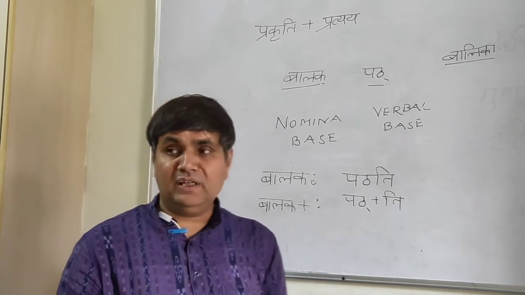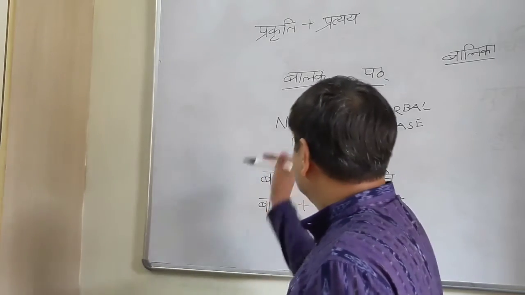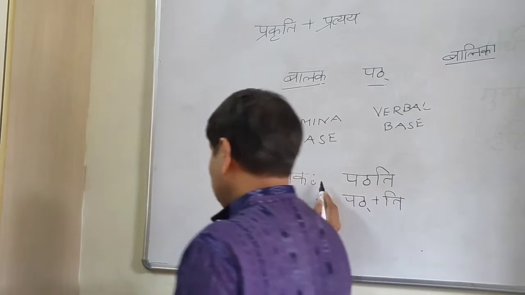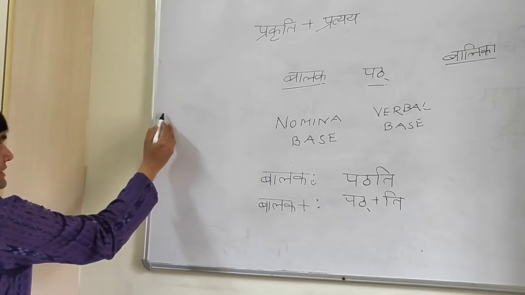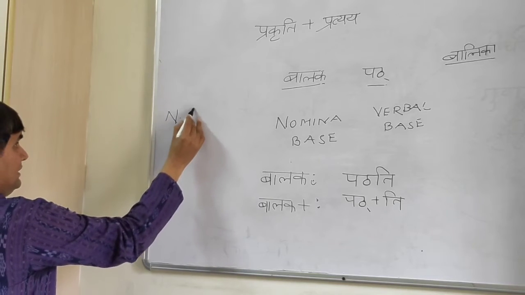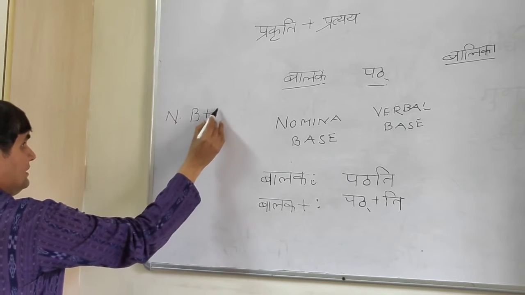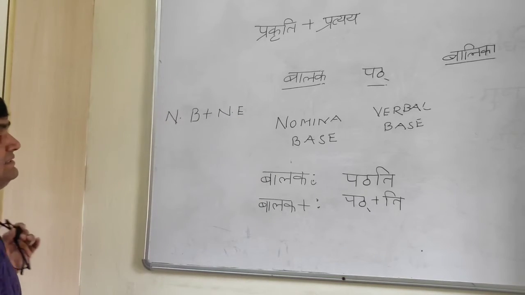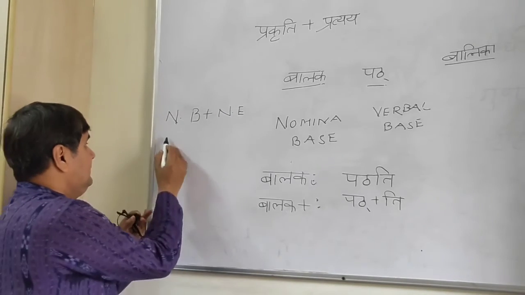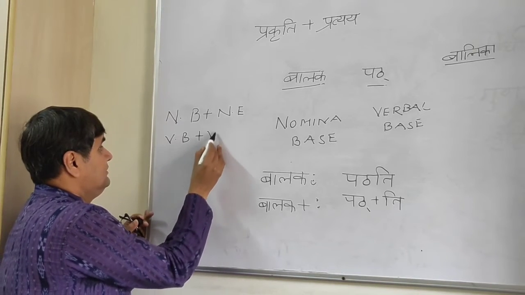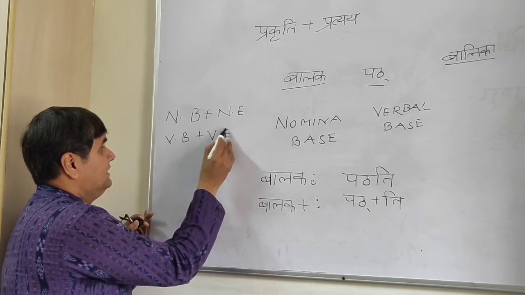All nominal endings, this is the nominal base, and this is the nominal ending. So you have two groups, nominal base plus nominal ending, and verbal base and verbal ending.